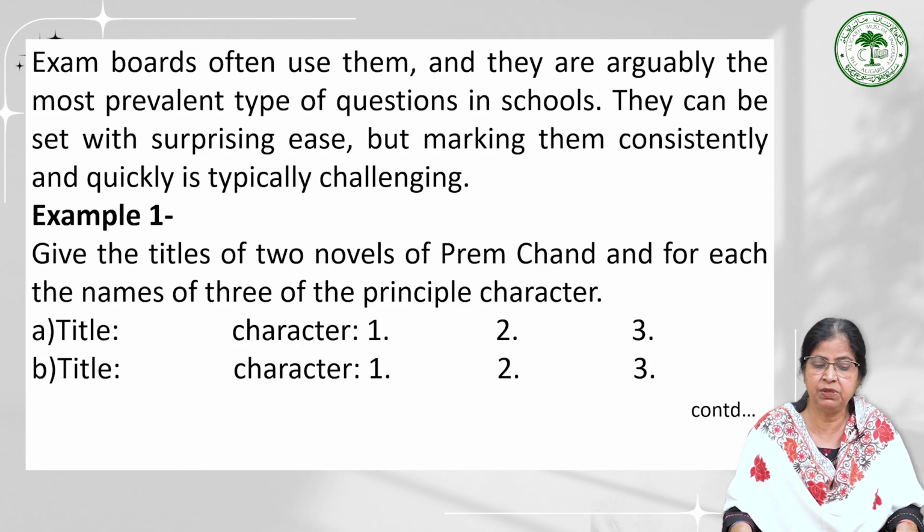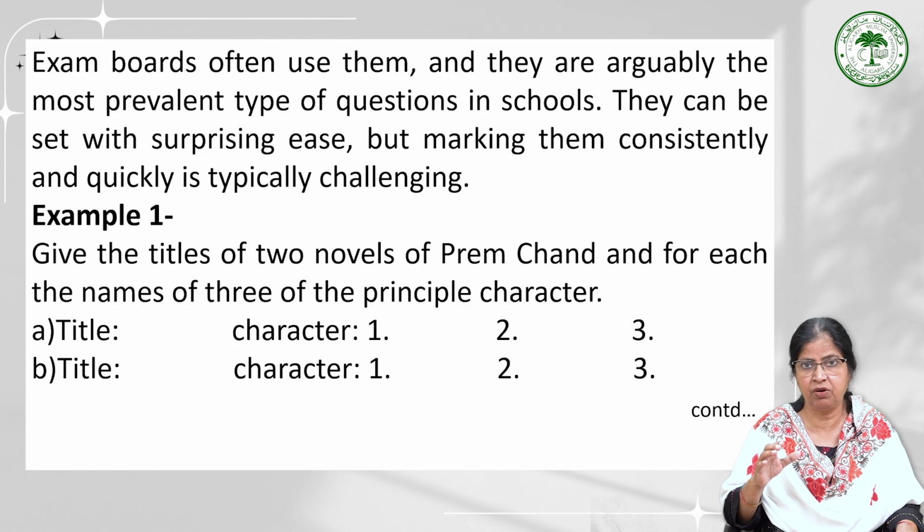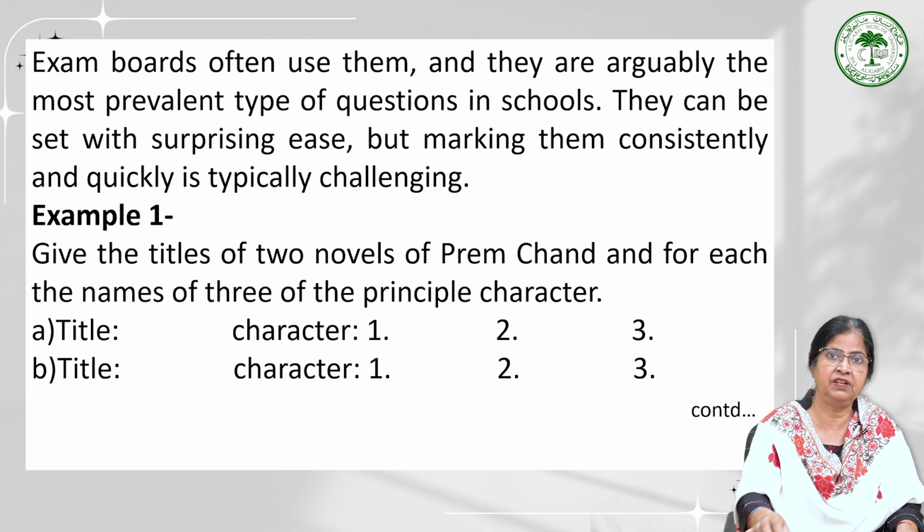So, what has been asked? Give the titles of 2 novels of Premchand, and for each the names of 3 of the principal characters. In the particular novel, what are the important characters that you have written here?